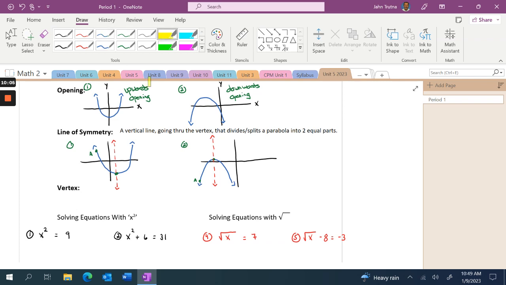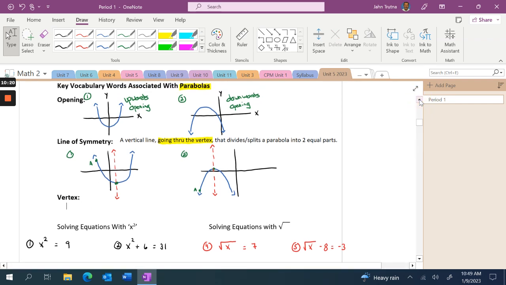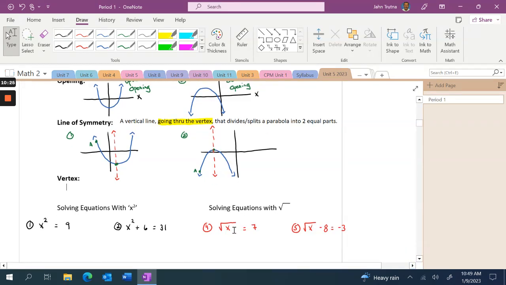Okay, now if you notice in the definition, it says that it's a vertical line going through the vertex. Okay, and that leads us to our last important definition or key vocabulary of a parabola, which is the vertex, and the vertex is the lowest or highest point on a parabola.